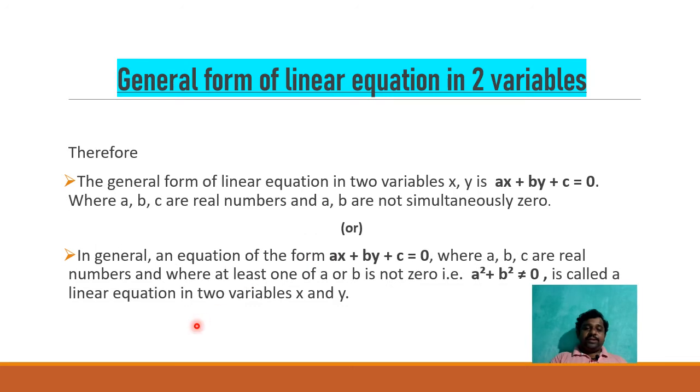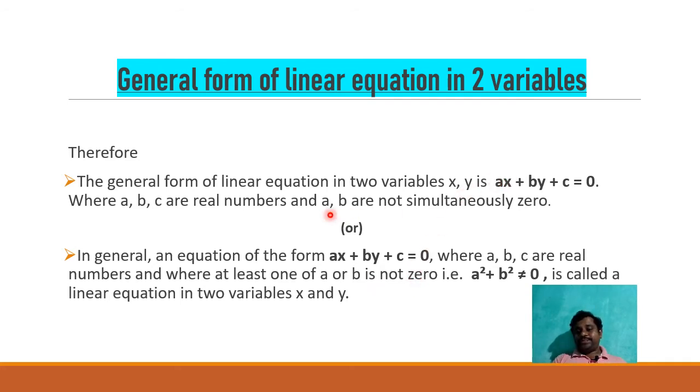In general, an equation of the form ax + by + c = 0, where a, b, c are real numbers and where at least one of a or b is not 0.